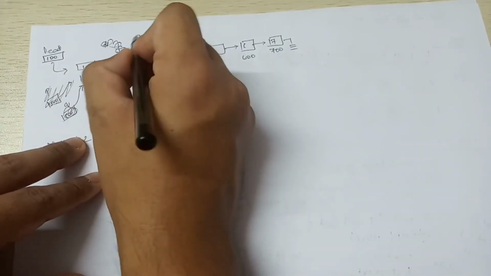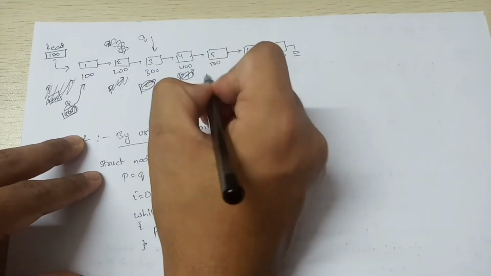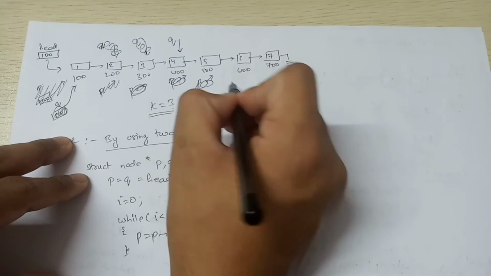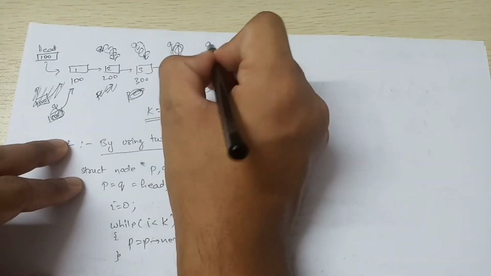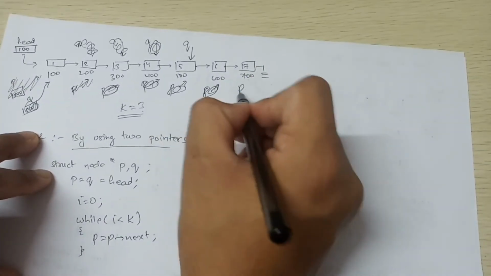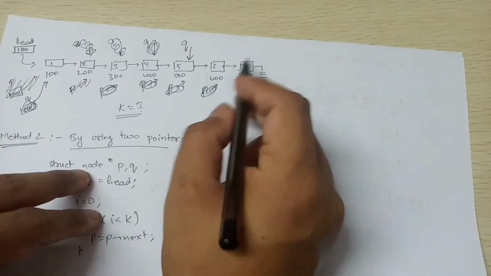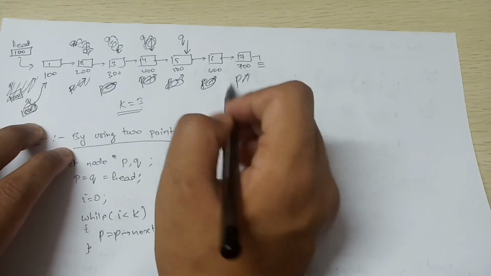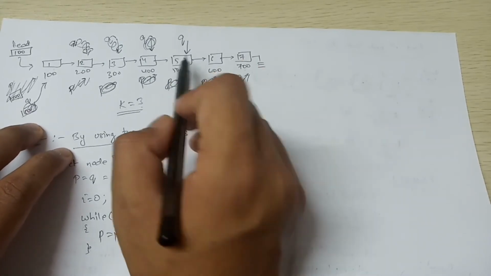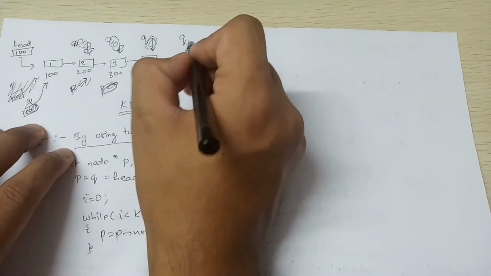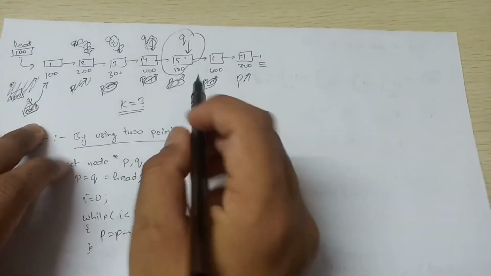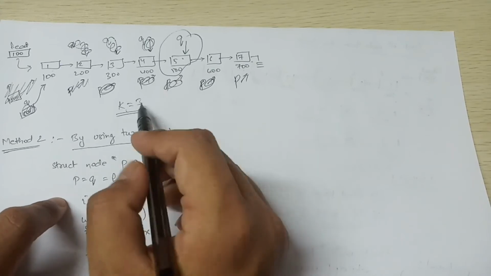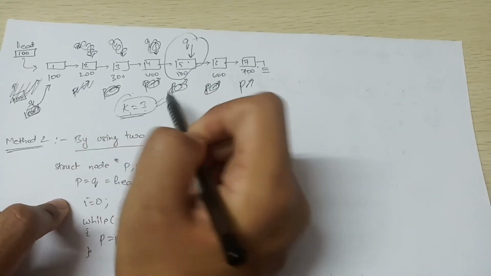So Q will increment and P will increment, again Q increments and P increments, and again. Now P is pointing to the last node, so you have to stop. As soon as you stop at the last node, the pointer which was behind P will be pointing to the K last node. As you can see, this is the third last node. So this is another method of solving this question.